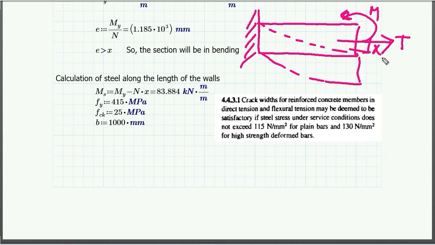The lever arm is x, the distance of the reinforcement from the center of the section. So this moment is acting in the opposite direction of the applied moment. Whenever there is a tension along with the moment, the tension will try to reduce the effect of the moment. You can see that in the physical world also.